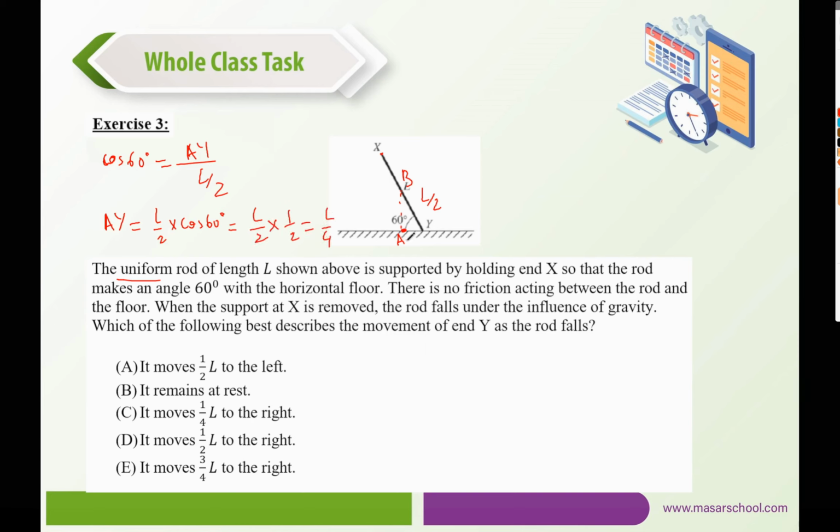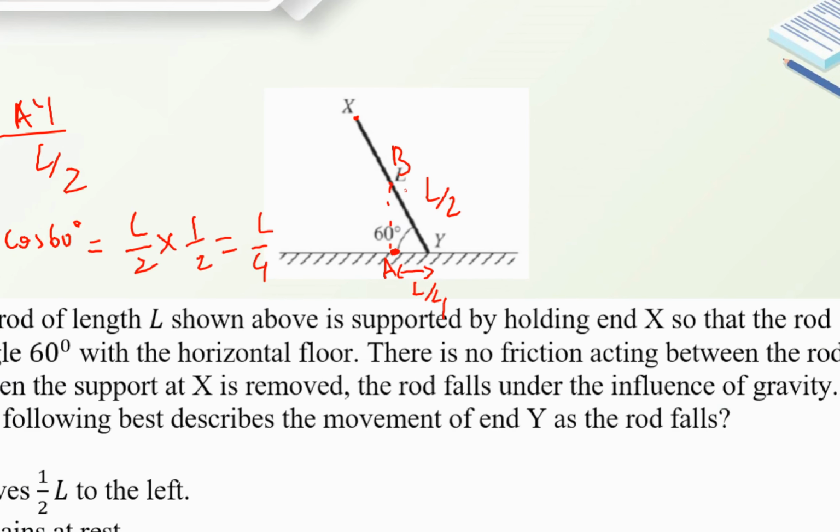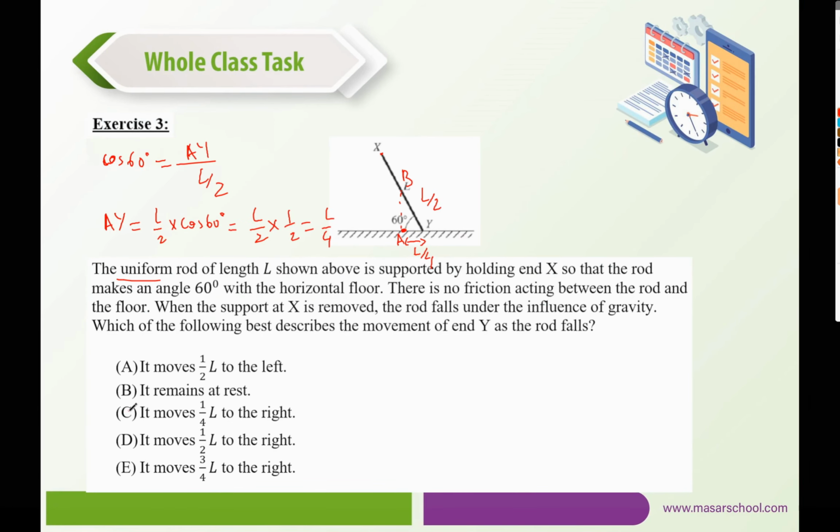Then basically this distance here is L over 4. Now if the center of gravity falls down, this means that Y will move to the right by a distance of L over 4.